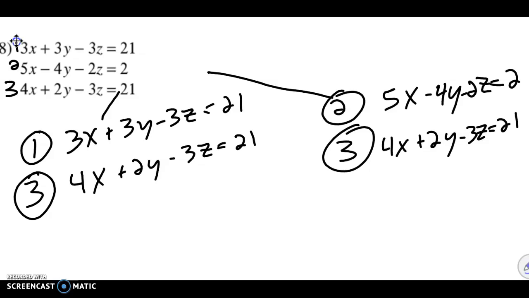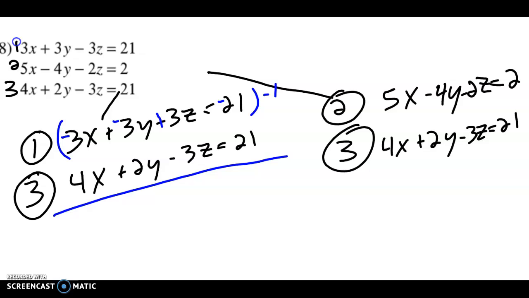At this point, we already have the same coefficient on our z's. So we are going to choose one of them, and we are going to change our signs. We're going to multiply by -1. When I multiply by -1, I can literally go in here and switch every sign. So everything that was positive becomes negative. Everything that's negative becomes positive.